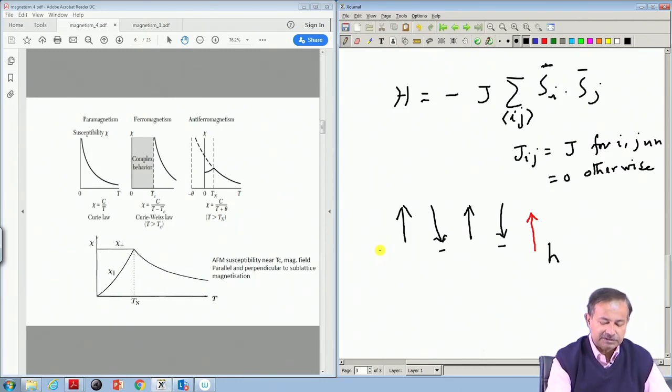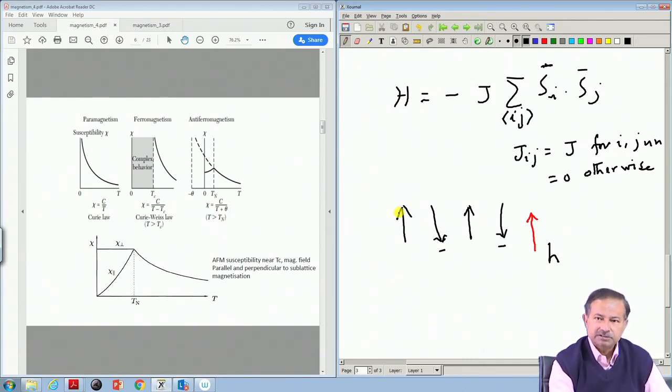The other thing is that sometimes the system itself has a magnetic anisotropy, and so a certain direction of magnetization is favored. In that case, if the magnetic field is parallel to that direction, then the susceptibility has this behavior, the chi parallel, whereas if it is perpendicular to the sublattice magnetization, then it behaves differently. So, the sublattice magnetization has a direction which is up here, along this up direction.